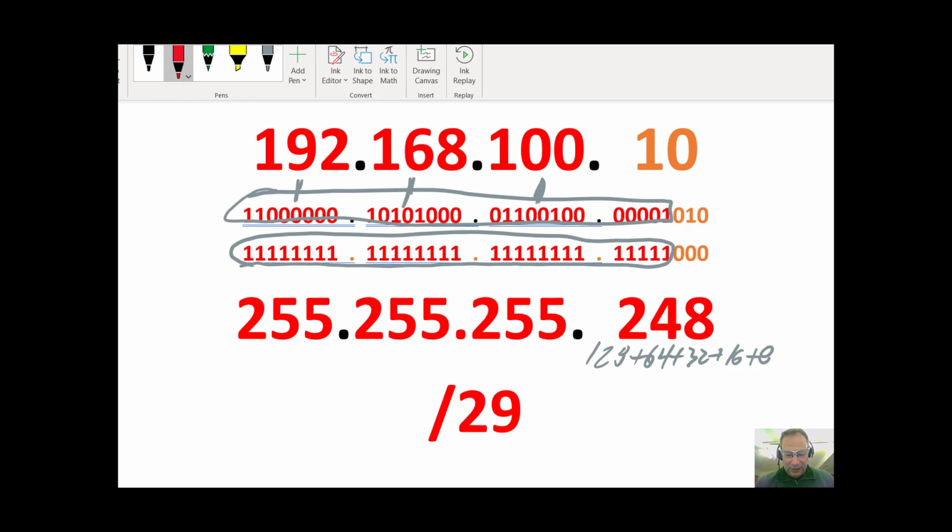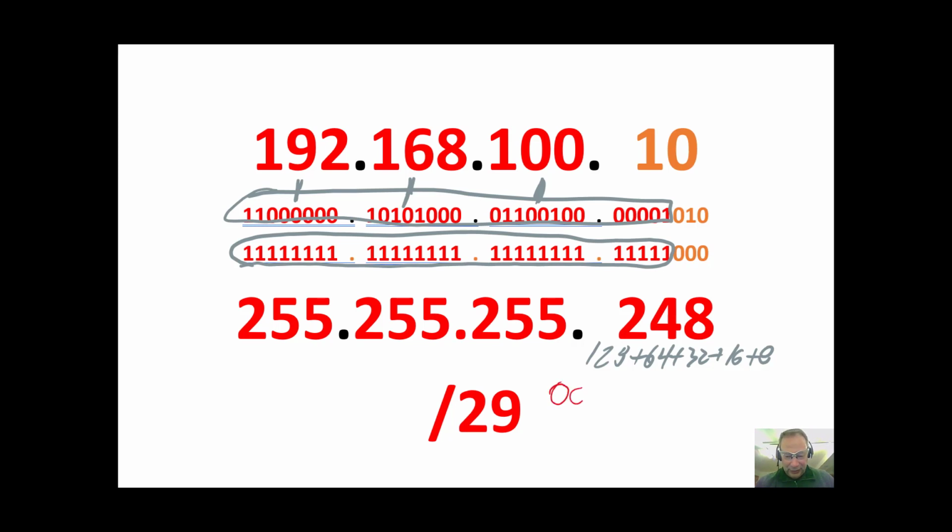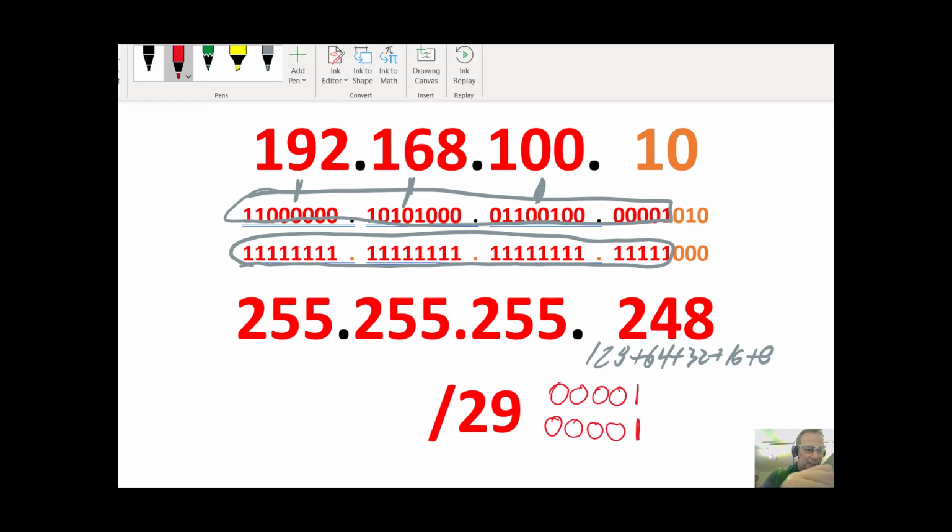So the first part of this, the network part, has to start with 00001. Has to. And so that's where our first address will be, and our second address will be looking like this, or our broadcast address. We'll go back to our original pen color.